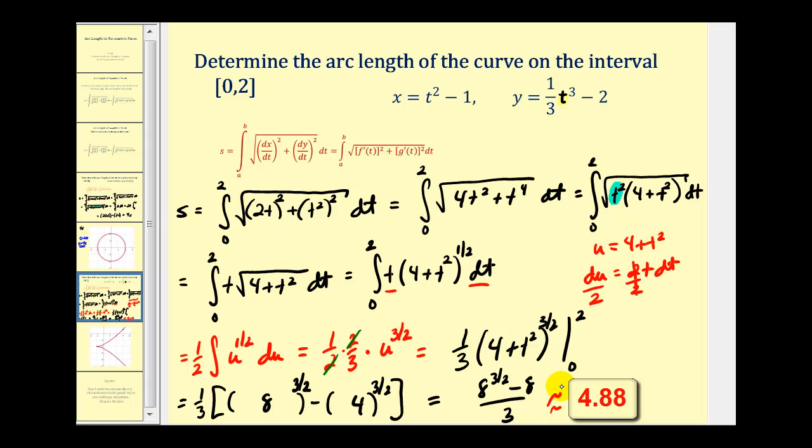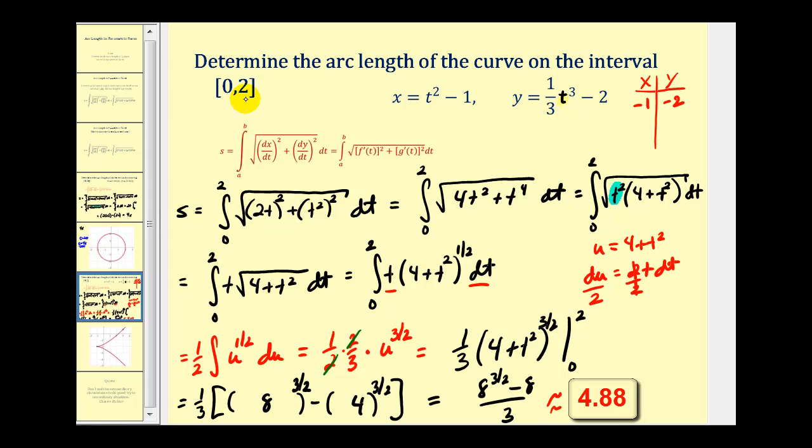Now before we take a look at this graphically, let's go back up to our parametric equations. Let's go ahead and determine the 2 points on the rectangular coordinate plane when t is equal to 0 and t is equal to 2, because this arc length represents the distance between those 2 points. So when t is equal to 0, x would be 0 squared minus 1, or negative 1, and y would be equal to negative 2.